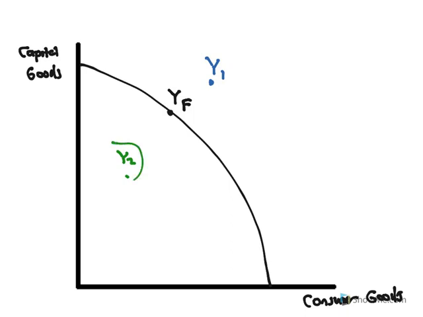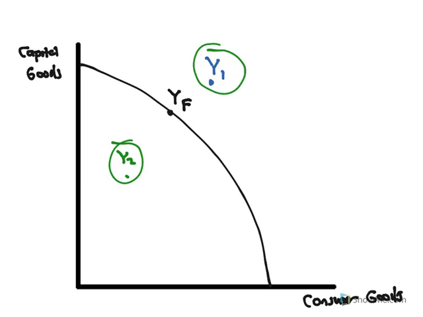In the case of Y2, there's too much cyclical unemployment. In the case of Y1, there's not enough frictional and structural unemployment. With Y1, you've gotten to a point where there's so little unemployment that people are in jobs they may not like.